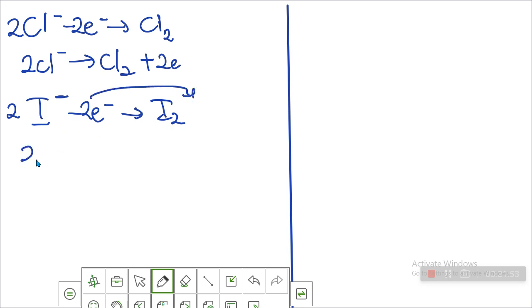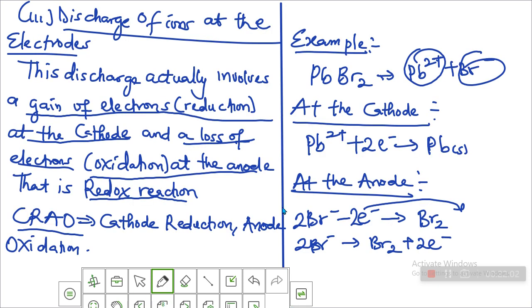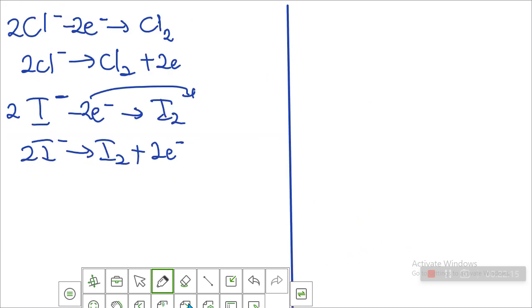So it's very simple: 2I minus will now be I2 plus 2e minus. So it's like the opposite of the cathode. That's how to do it. Now don't forget Br2 is on this side, so it means bromine gas. So your product here will be bromine gas. Do you get? So let's continue.